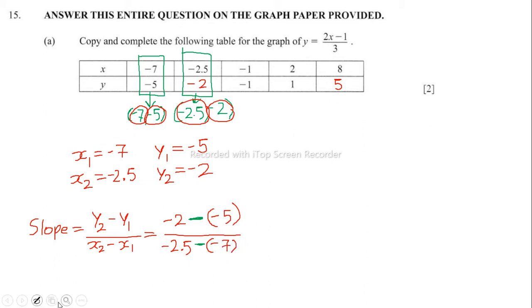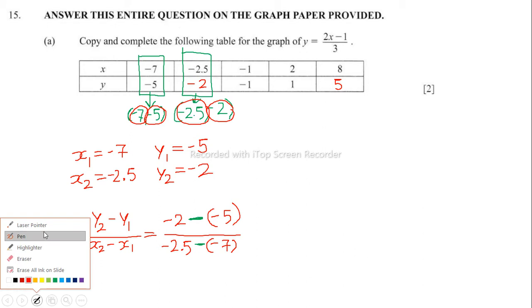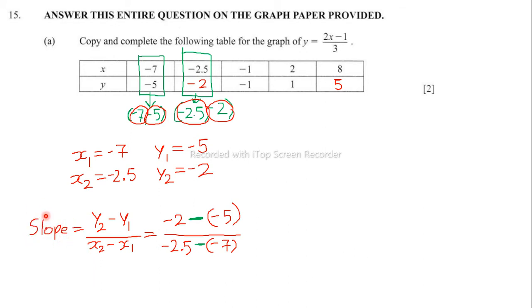So quick recap, we know that we're trying to figure out the slope. The slope formula is y2 minus y1 divided by x2 minus x1. We know that y2 is the second y value, which is -2, and that's going to be minus y1, the first y value, which we saw was -5.